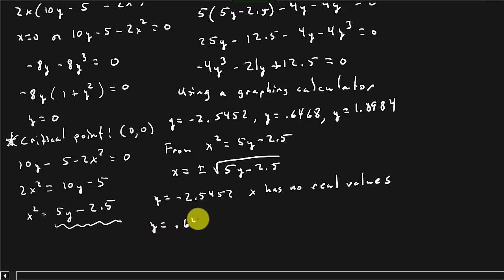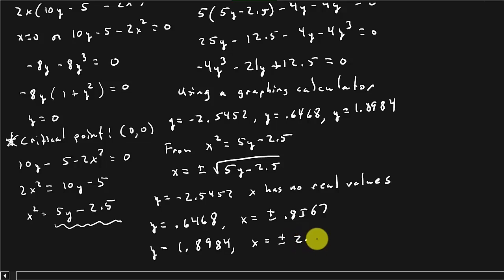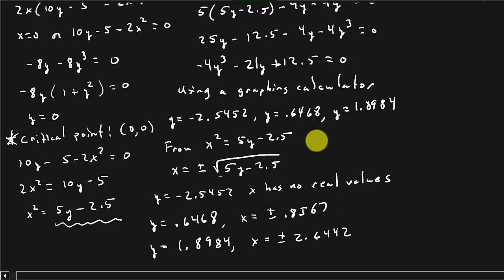When y is equal to 0.6468, x is equal to plus or minus 0.8567. And when y is equal to 1.8984, x is equal to plus or minus 2.6442. Like I said, you just take each one of the y values, plug them in here, and that gives you your x values.